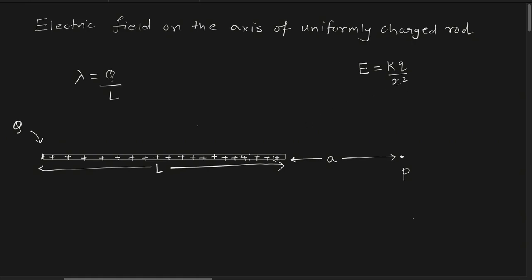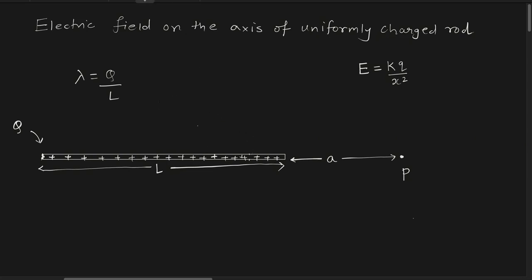The problem here is that all the charges are not at the same distance from point P. So the contribution of the electric field by each charge will be different at point P. In that case, you can assume this as a continuous distribution of charge, a sea of infinitely many positive charges.